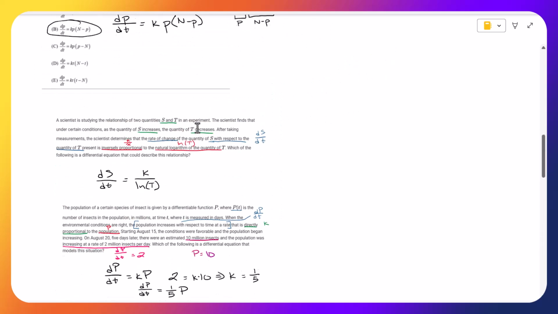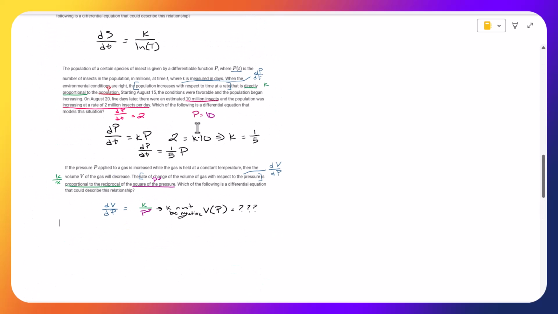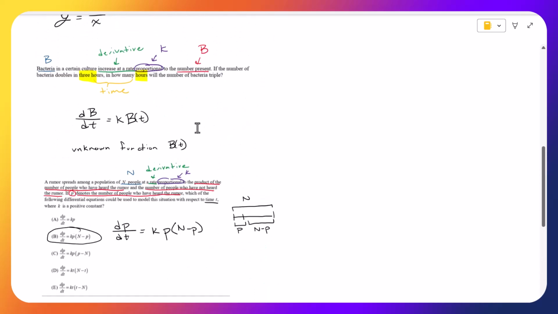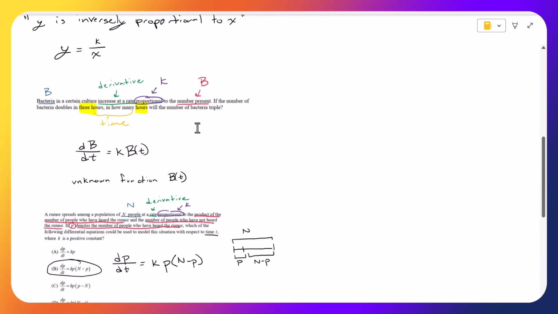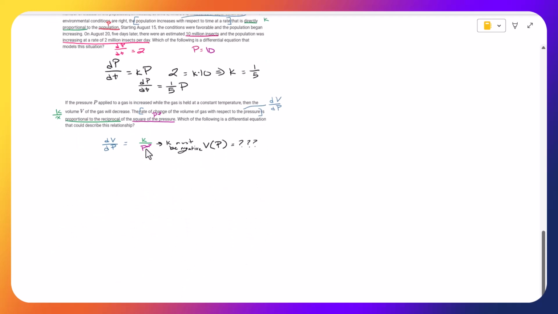So that's the end of our intro to differential equations, and I'm going to give you all time to practice in class on this for sure, but big ideas to take away. When we're writing our differential equation, we should have a derivative equal to something, and it's going to be proportional, whether it's inversely proportional, all those different wordings, you need to learn what they mean.